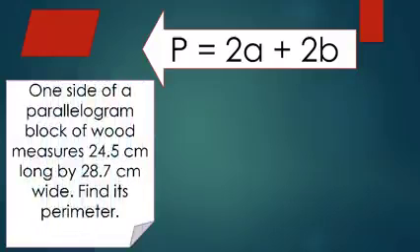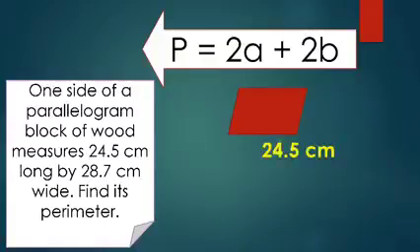One side of a parallelogram block of wood measures 24.5 centimeters long by 28.7 centimeters wide. Find its perimeter. By sketch, assume that this is your block of wood in parallelogram shape.